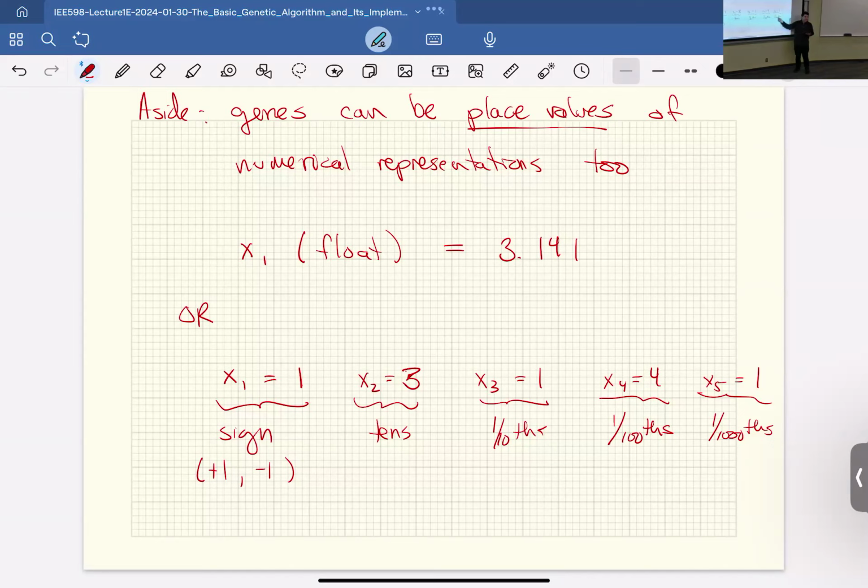So the same mutation operator, just adding plus or minus uniform random noise with a width of 0.01 or something like that, does very little to your decision variable if you add it here, but if you add it here, it's much bigger. So the way that you represent your genotype can completely change the search dynamics of the GA.